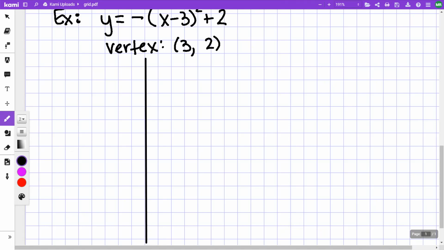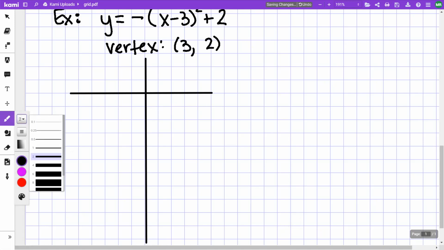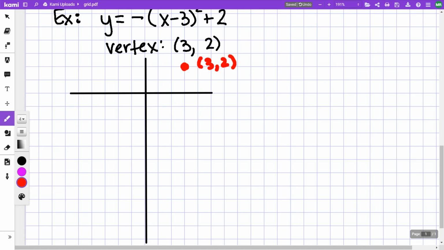So I am going to want to have more below. And so I'm going to go 1, 2, 3 comma 1, 2. Make it a different color so we can see it. Okay, so that's 3 comma 2.